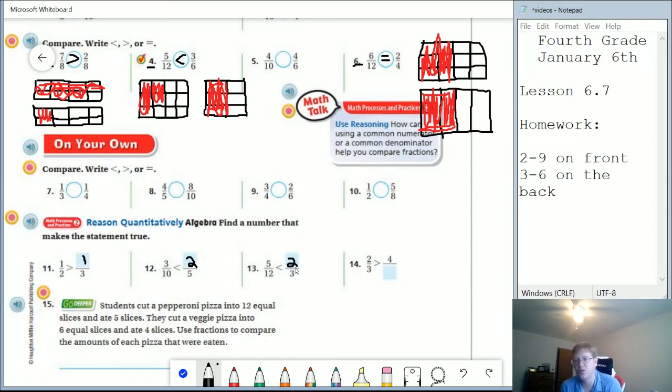So 2 or larger. So if I went ahead and used the picture that we had, we could use this picture. So let's say we filled in 5 parts here, and 3 parts out of 6, we're doing parts out of 3. Let me go back in, and I'll draw an extra one down here to show you.